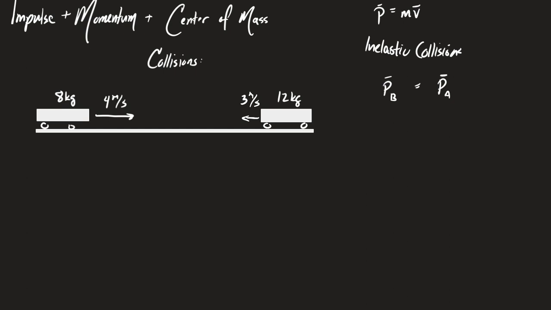Now, we remember, I hope, that the kinetic energy is not the same in an inelastic collision. In inelastic collisions, some of the energy is going to be transformed into something else. Now, there is a subcategory of inelastic collisions called perfectly inelastic collisions.